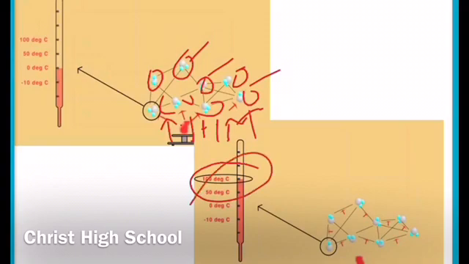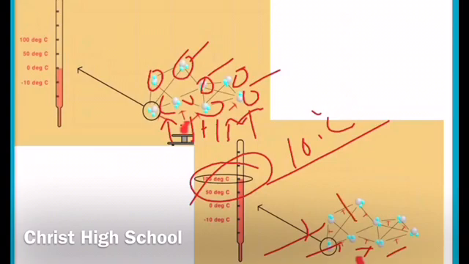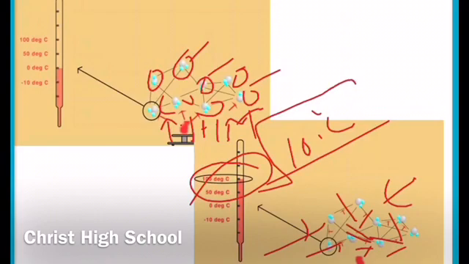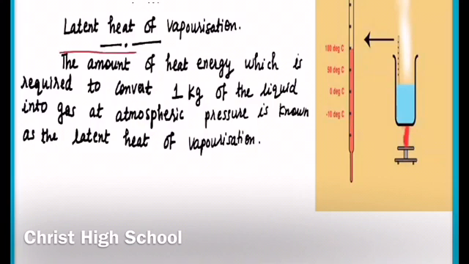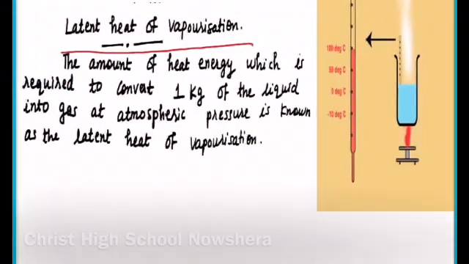But when the temperature becomes 100 degrees Celsius, the heat we supplied is utilized for breaking the force of attraction. At that time, this heat is called latent heat of boiling of water, and specifically we call it latent heat of vaporization. Vaporization is another name for boiling.